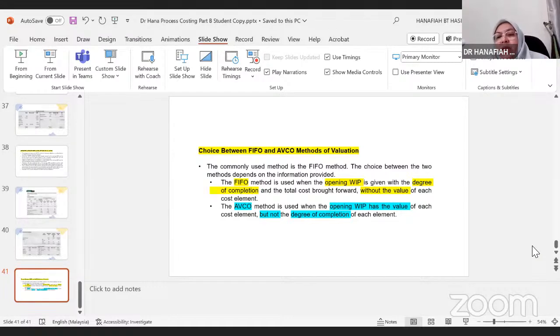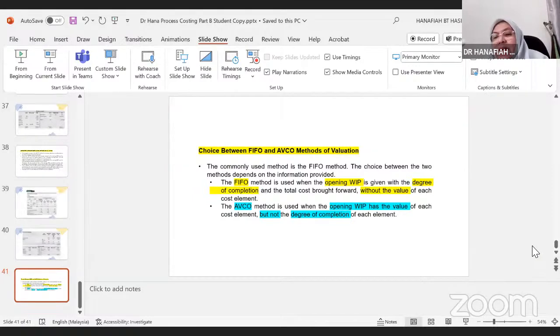Okay, but when you prepare the manufacturing cost, it is different. You are going to take into account the manufacturing cost first. And this is going to be your manufacturing cost. How you want to charge, it depends on which method that you want to use.